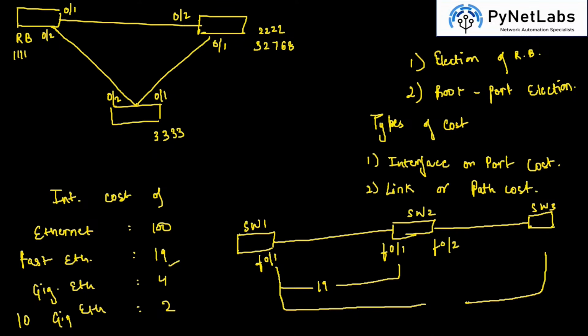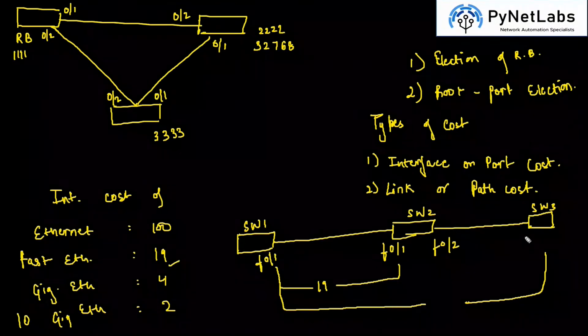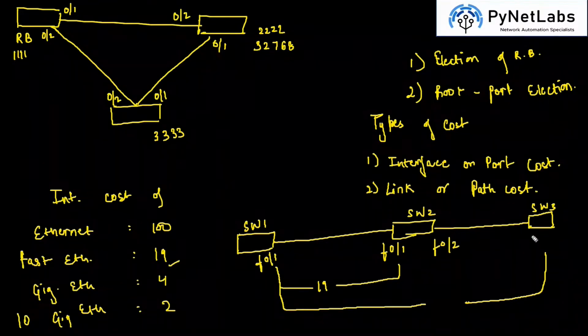Now I want you guys to pay attention. Now I am saying that this cable was inserted to a gigabit Ethernet port instead of the fast Ethernet port. So it was inserted in GE0/1. And when we look at the cost of such ports, we know that it is 4, right? That's 4 for gigabit Ethernet. And similarly, on the other end, we are getting connected with a fast Ethernet port and the cost here is 19.